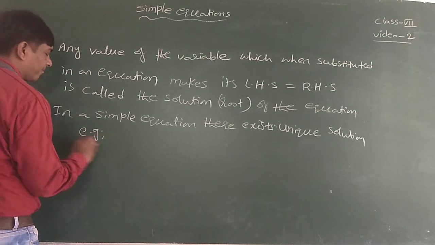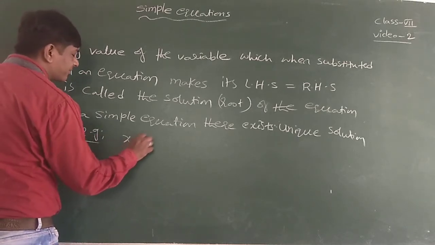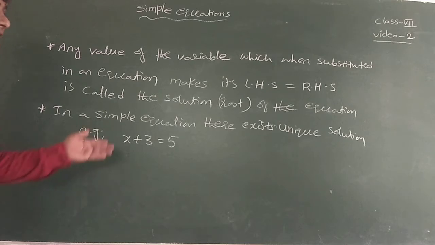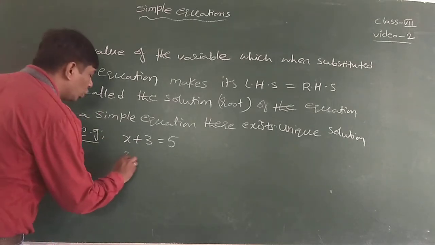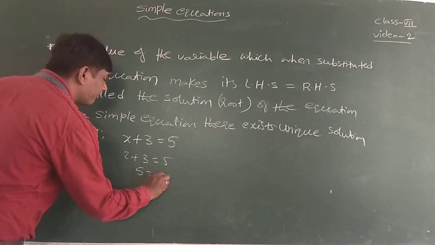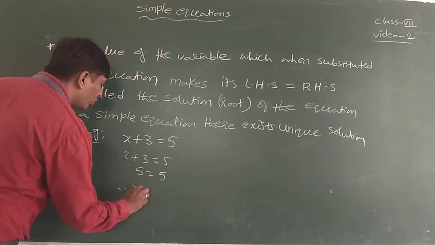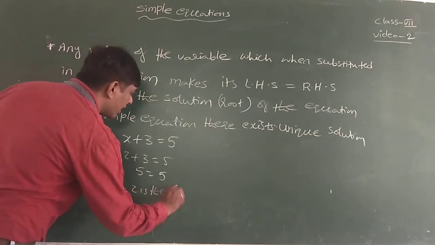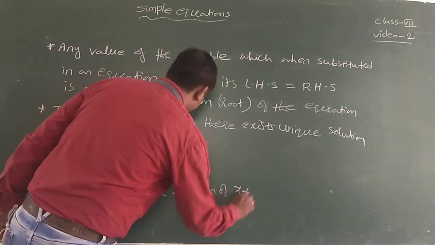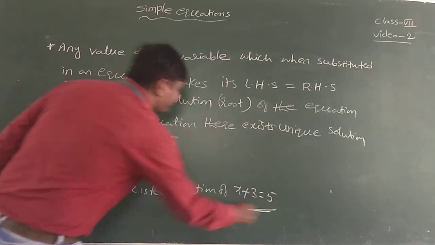Example: x plus 3 is equal to 5. What is the value here? 2 plus 3 is equal to 5. So 5 is equal to 5. Therefore, 2 is the solution of x plus 3 is equal to 5.